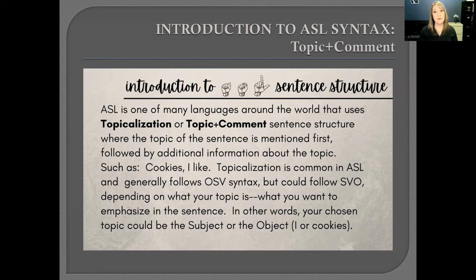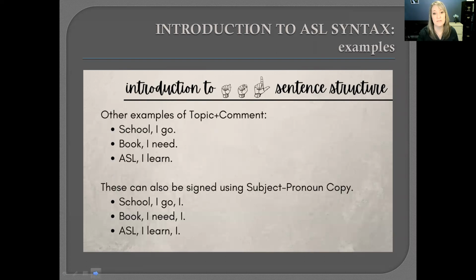And it generally will follow that object, subject, verb syntax, but it could follow subject, verb, object, depending on what your topic is, what you want to emphasize in the sentence. So in other words, your chosen topic could be the subject, I, or it could be the object, the cookies. But topic comment is one of the most common ASL sentence structures.